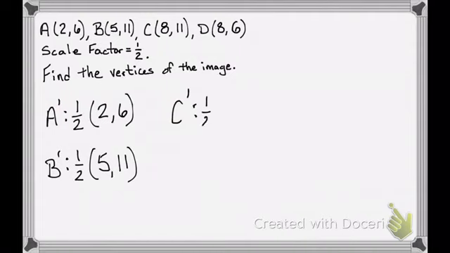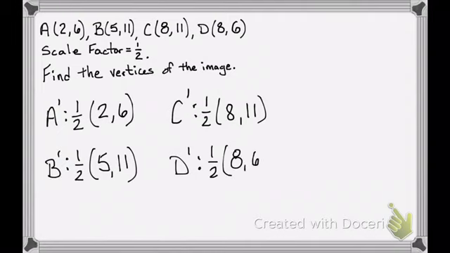So we have 1/2 of 8, 11. And then finally, D prime is going to be half of its coordinate, 8, 6. And so you're not really distributing, but you are. You're just going to distribute through into those coordinates and get your new coordinates.